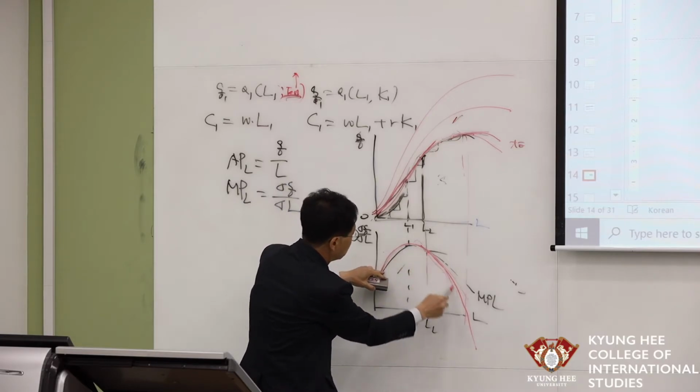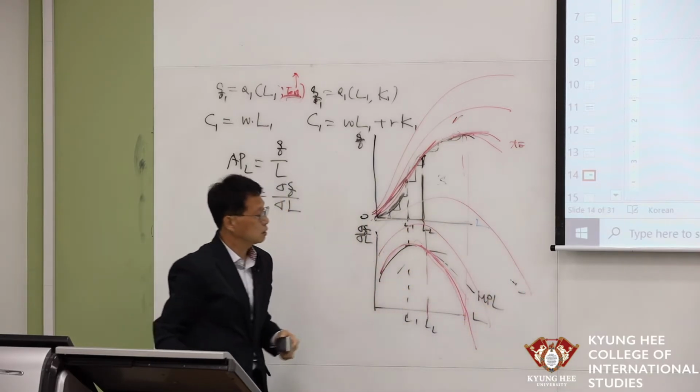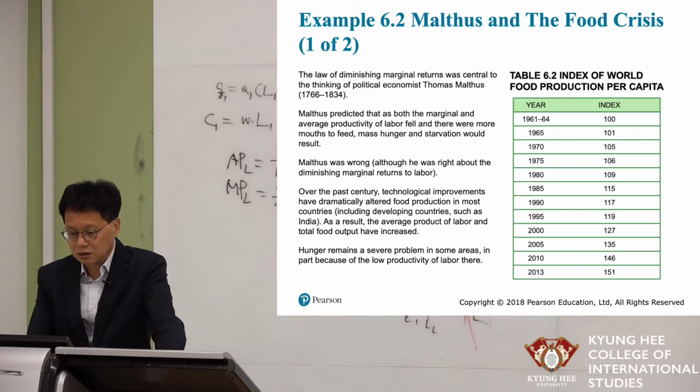Marginal product of labor was originally like this, but now like this and like this, right? So production increases. Production of food is not the bottleneck. The bottleneck is to fully satisfy the demand for food.